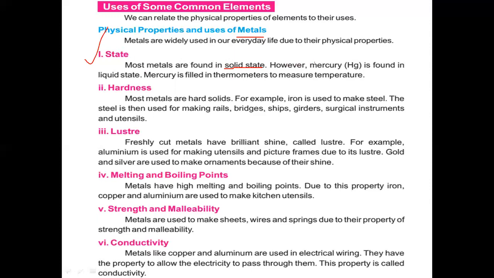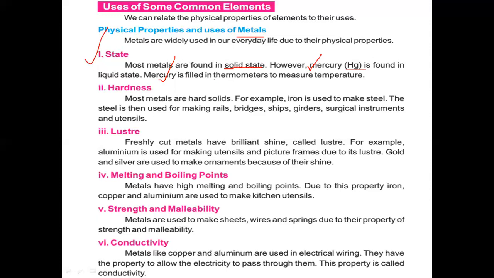But there are exceptions. Mercury, its symbol is Hg from hydrargyrum, is found in a liquid state. What is mercury and where is it used? We will see its use in our daily life.